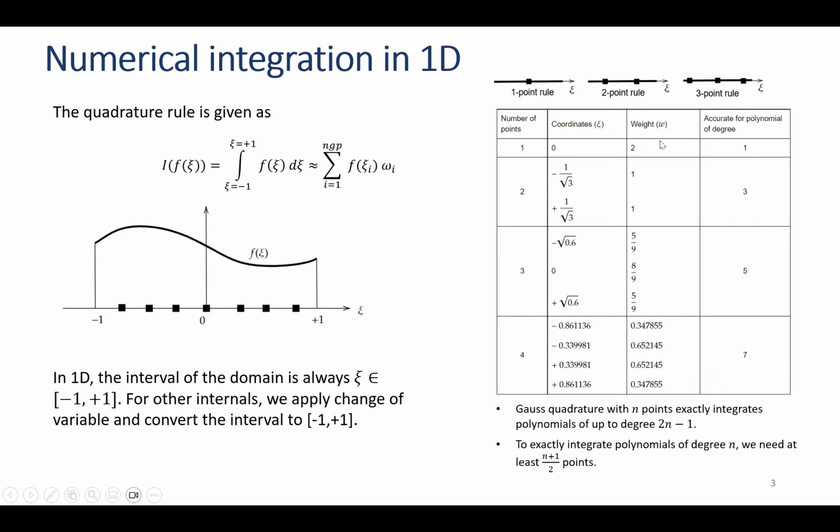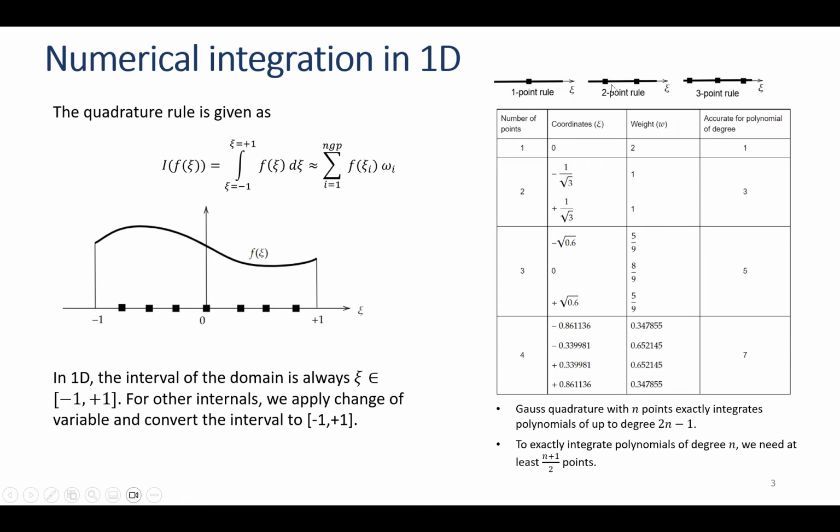Using this 1 point quadrature rule, we can integrate polynomials in xi up to degree 1. If we have a linear polynomial, then the 1 point rule is sufficient. We can use more, but it is just a waste of computing resources. We always use the minimum number of Gauss points.